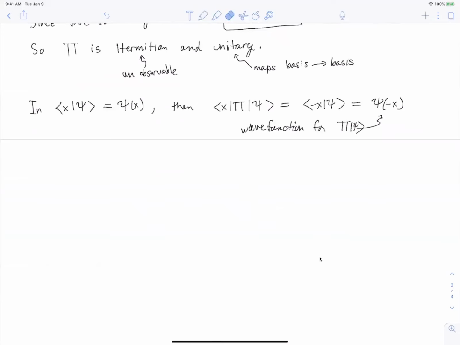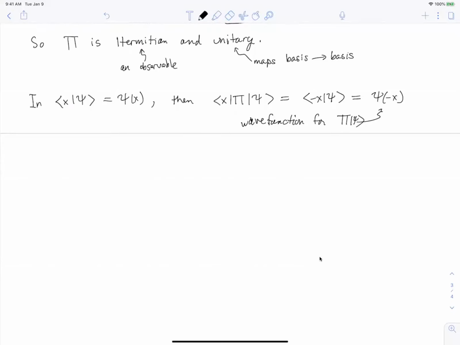So we should also figure out what the eigenvalues of parity are, because it's an observable. That means it's something we can measure. And so we should know what its possible measurement results are. So parity eigenvalues. Okay, and so we're going to solve the eigenvalue problem by looking for an eigenstate, let's call it lambda.